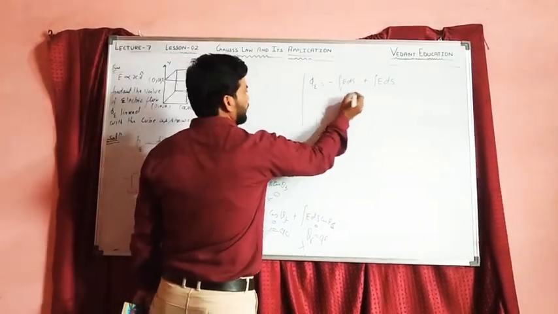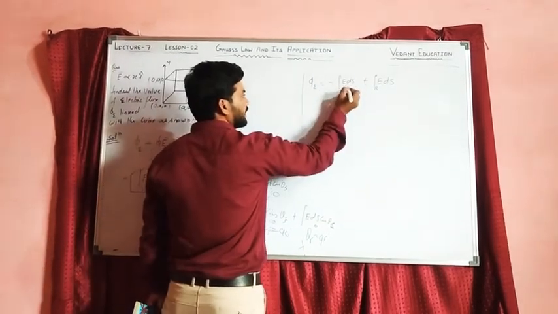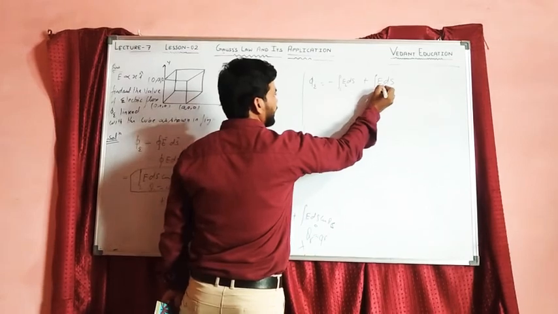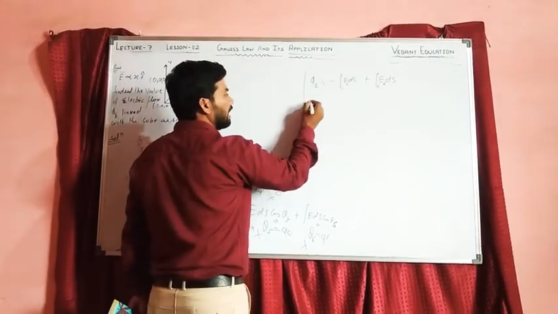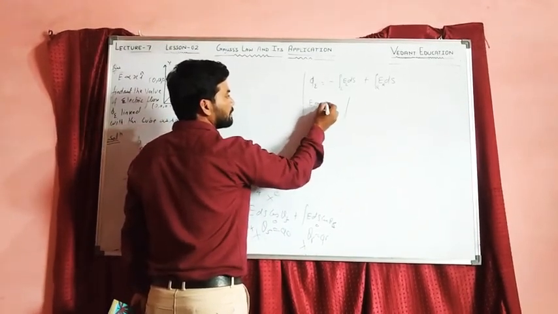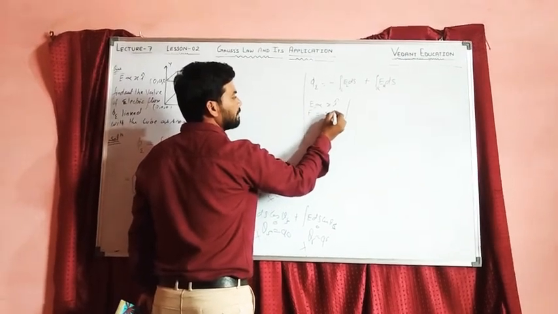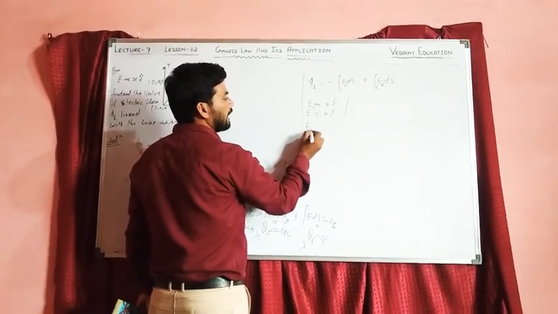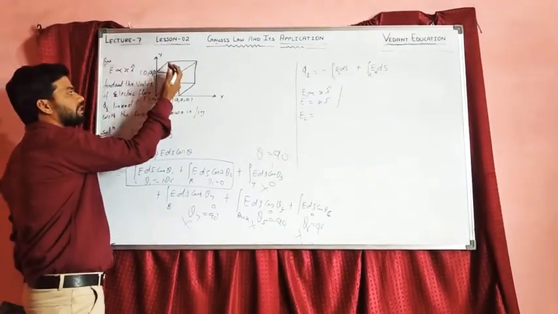Now this is the left face and this is the right face, and this is the value of the electric field at the left hand side and the electric field at the right hand side. Now calculate the value of E L. You know E is proportional to x I cap, equal to C x I cap. For E L, the left hand side, see here, this is the left face.